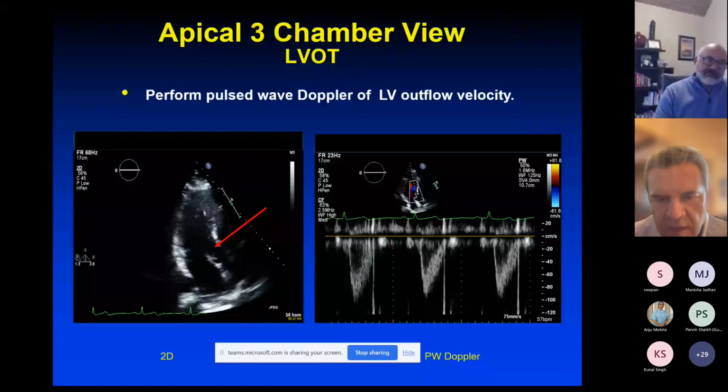And then in this same 3-chamber view, you can obtain a pulse wave Doppler assessment of left ventricular outflow tract velocities. And so that's obtained again by placing the interrogation sector just proximal to the aortic valve in the location where you're going to measure the left ventricular outflow tract diameter.